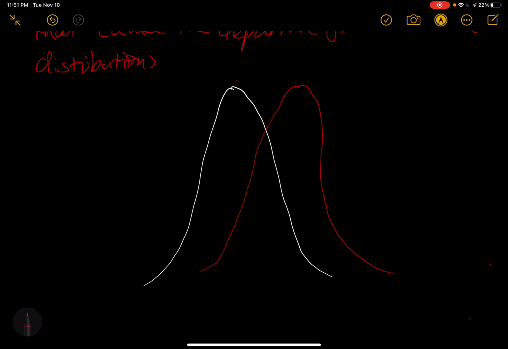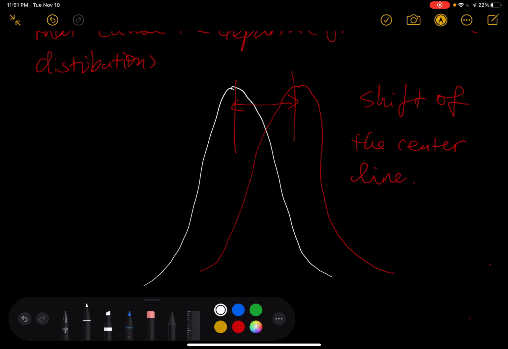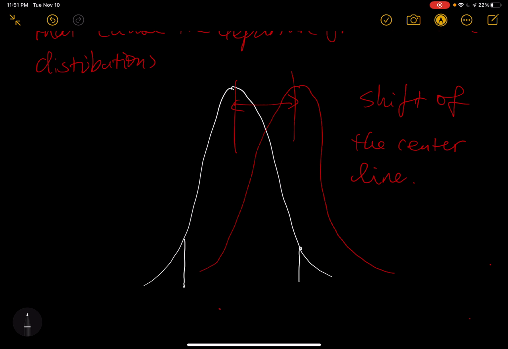That means there is a shift of the center line. Now think about that. In the older distribution, if we impose such limits, this part is defective and this part is defective, and we find these are defects.